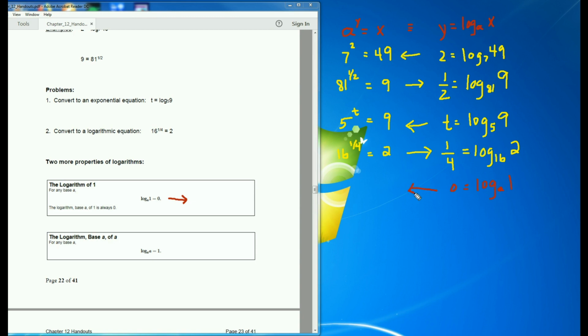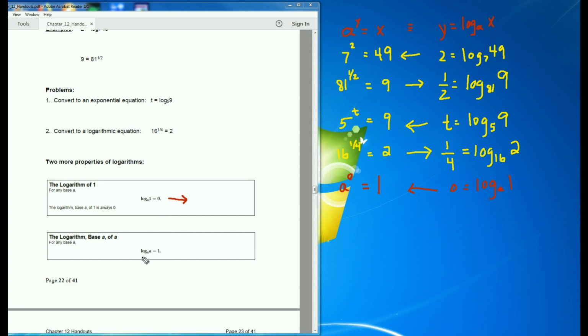And if we convert that to an exponential equation, our base is A, so that's going to be the base of our exponential equation. So we've got A to the 0 equals x, which is 1. And we know that to be true because any number raised to the power of 0 is equal to 1. So that is where that logarithmic property comes from.